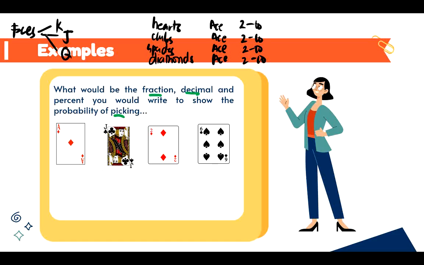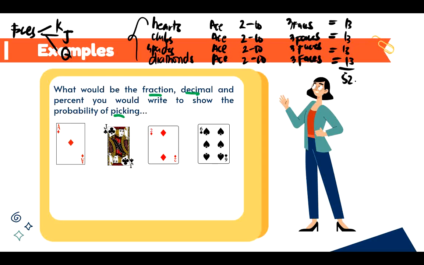So each type of card has three faces. This means hearts has 13 cards, and clubs, spades, and diamonds are the same. So if we are dealing with a deck of cards, our total outcome should be 52, because 52 is our total number of cards.